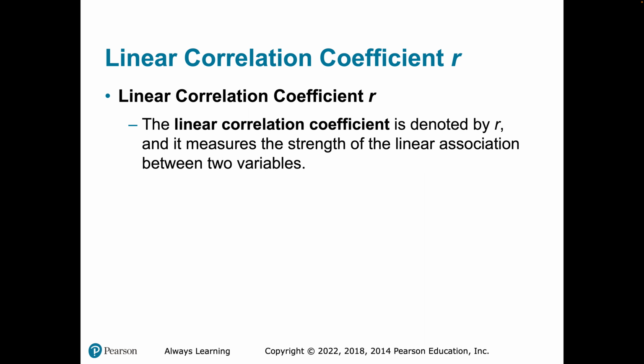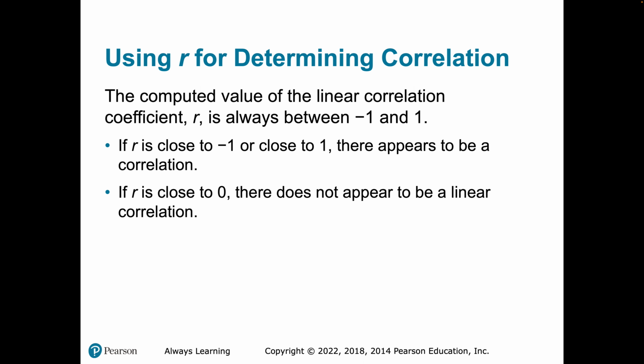So we have this generic concept of correlation coefficient. What does it do? It examines the relationship between two variables. A linear correlation coefficient examines the strength of the linear association between two variables. In this class, our focus will be on the linear correlation coefficient.